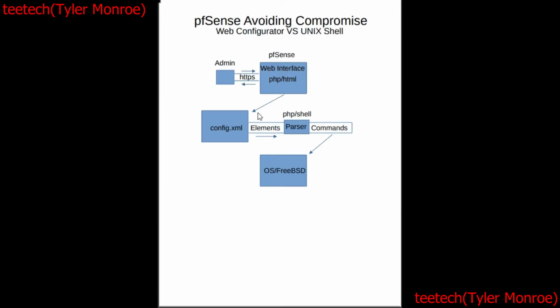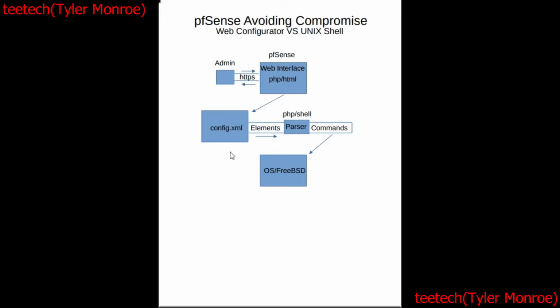And what it ends up doing is writing, like it abstracts what those boxes mean, for instance. So like a LAN IP address, it takes that IP and puts it as a configuration value. And where it stores that is in config.xml. And this is where any changes you make on the web interface are stored.